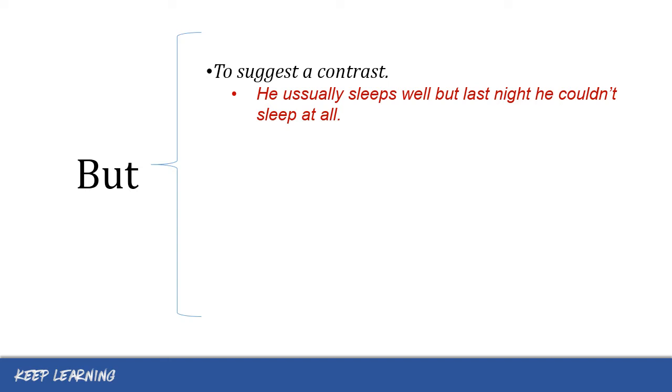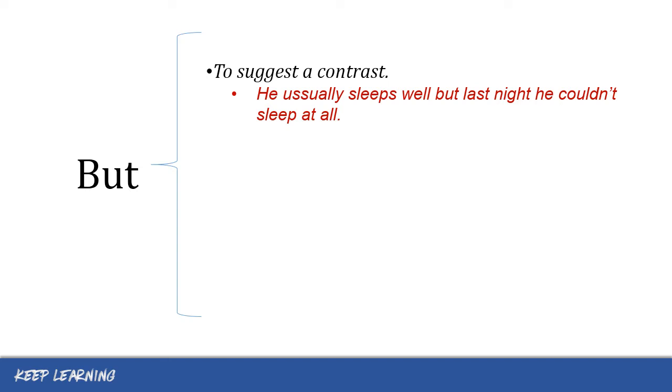He usually sleeps well, but last night he couldn't sleep at all. This is a contrast, as you can see, because something changed. Something is different from the first situation where he sleeps very well. But the thing is that last night everything was different. It's a contrast, and the right connector for that is but.